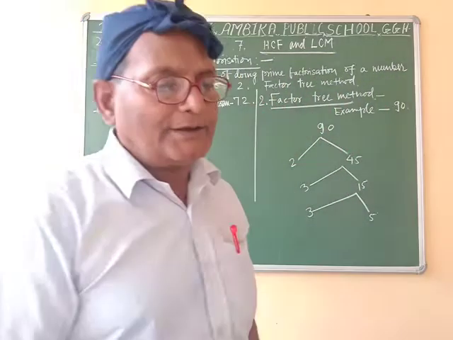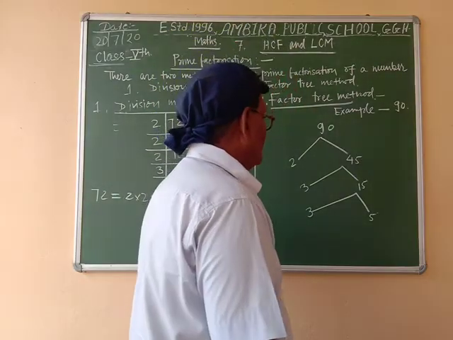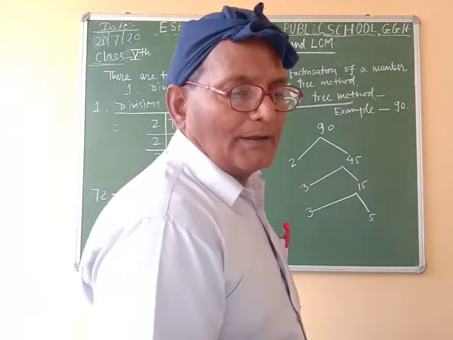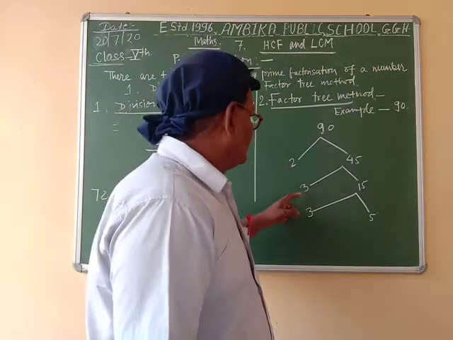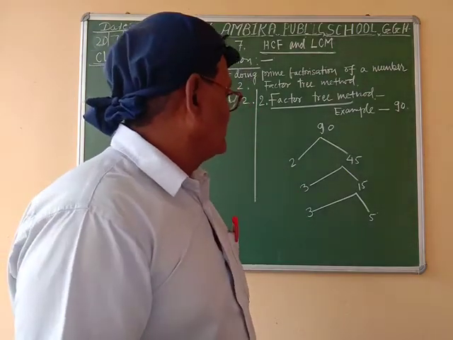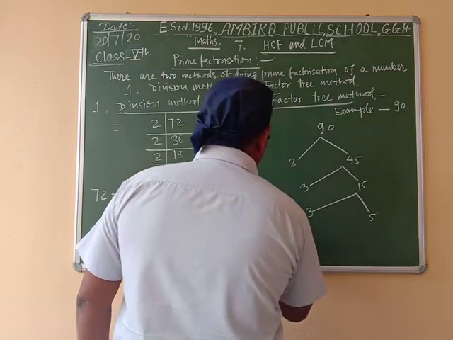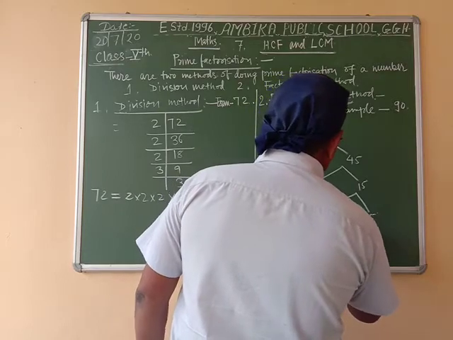So the prime factorization of 90 is 2 into 3 into 3 into 5.